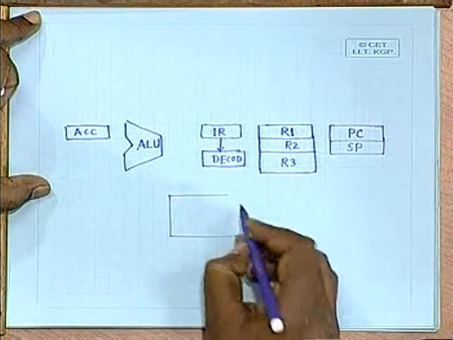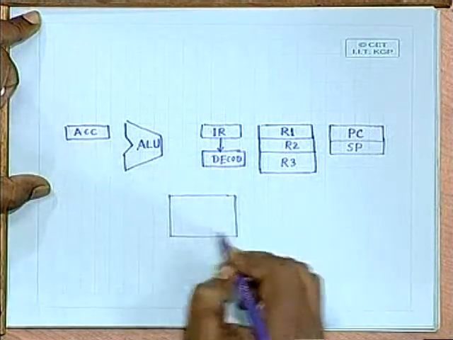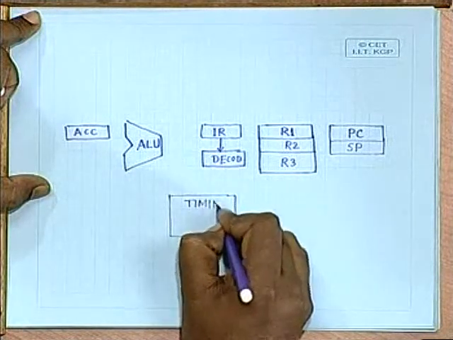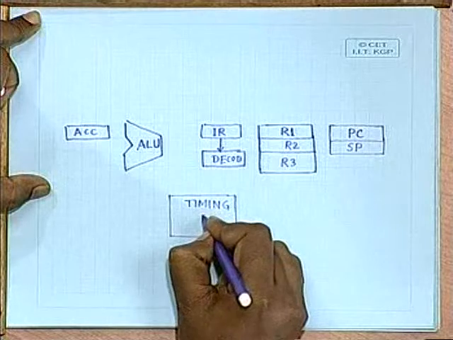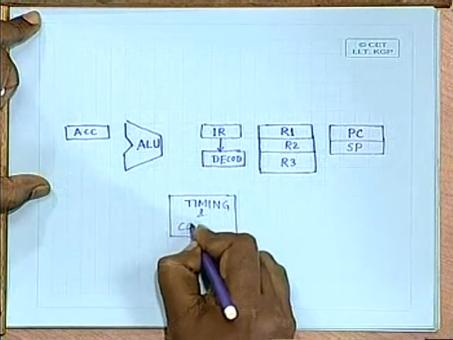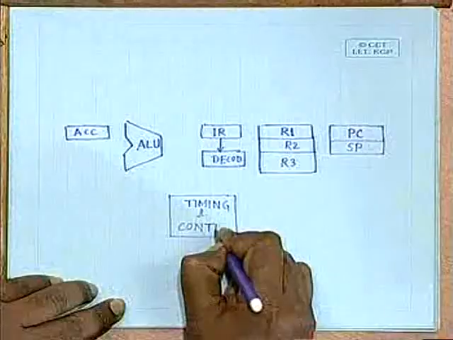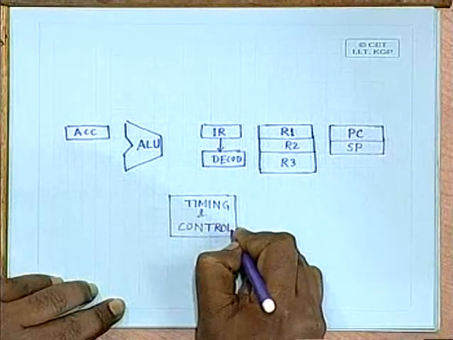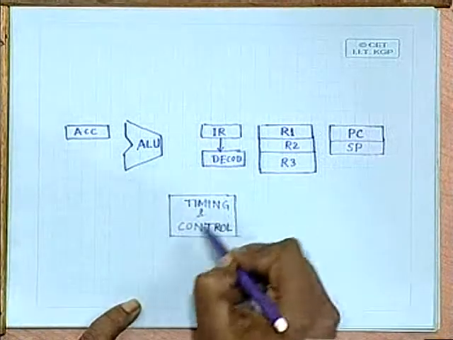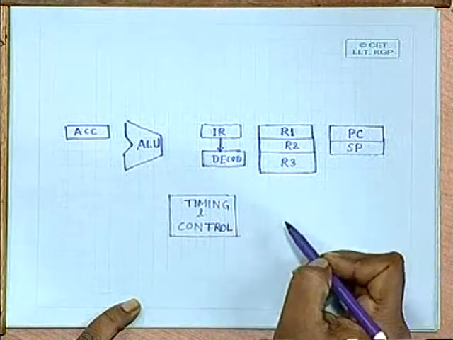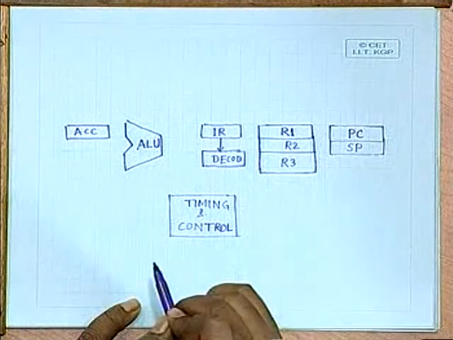So, this timing and control unit generates all the control signals in a proper sequence, so that a specified task can be executed.